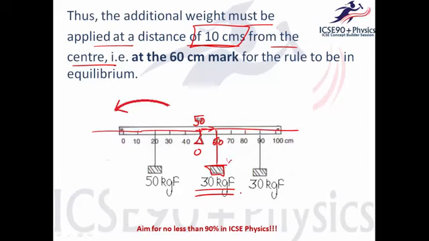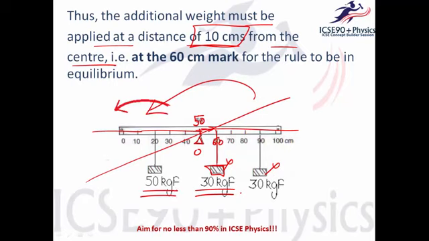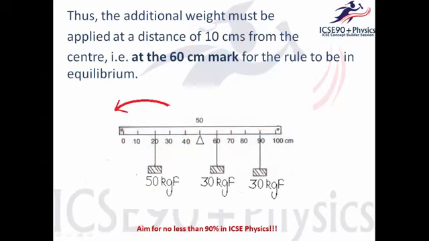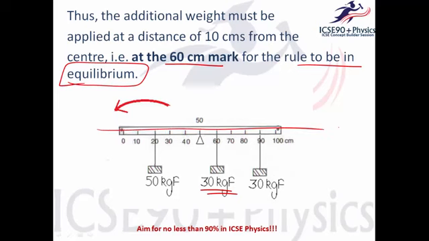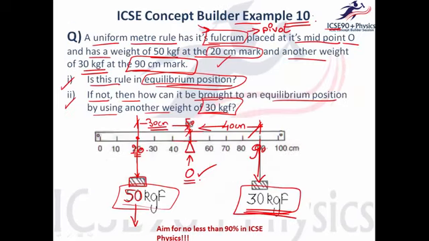If we remove either one of these weights, the rule would again be inclined in an anti-clockwise direction, as the moment due to this force of 50 kgf becomes greater. So after adding this weight of 30 kgf at the 60 centimeter mark, the rule comes back to the equilibrium position. So that answers the 10th ICSE concept builder example.